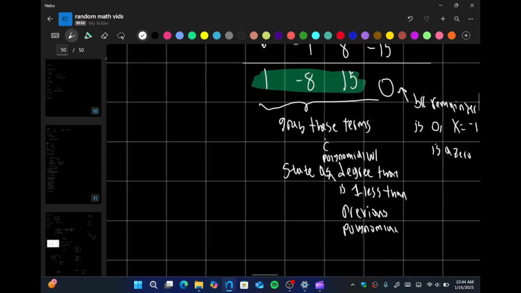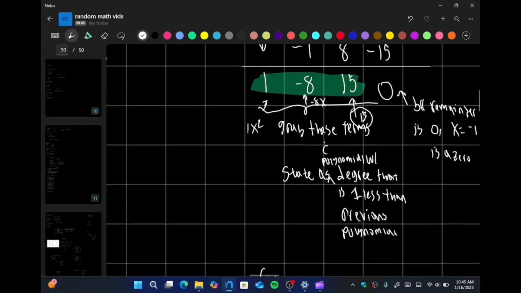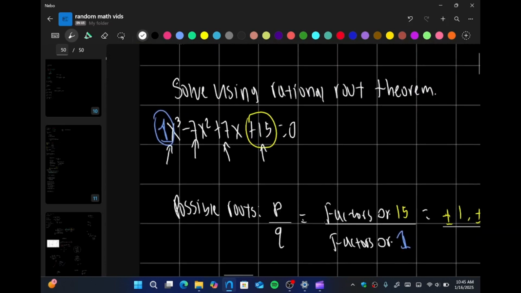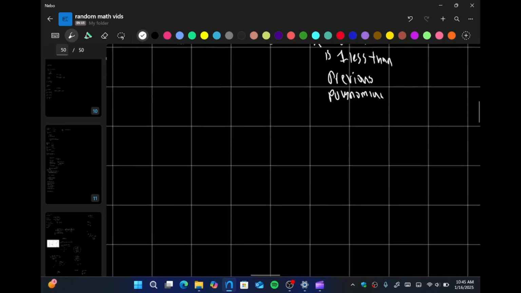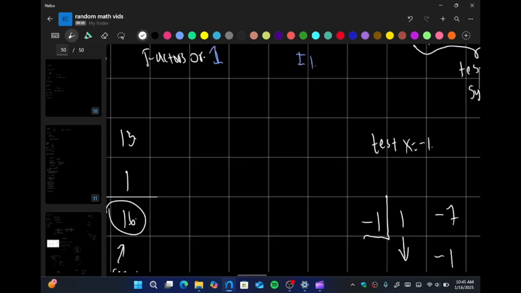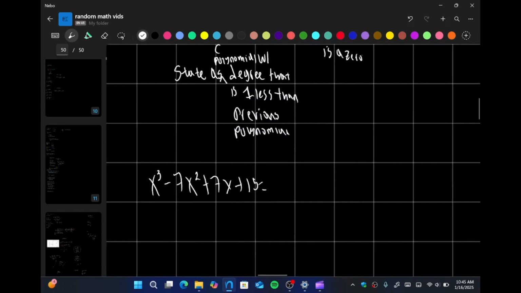So in this case, this would be 1x squared, this would be -8x, this would be 15. So then it would go x cubed minus 7x squared plus 7x plus 15 is equal to the quantity.